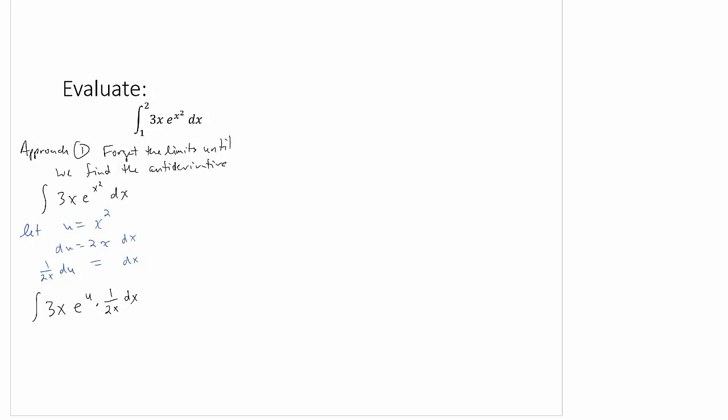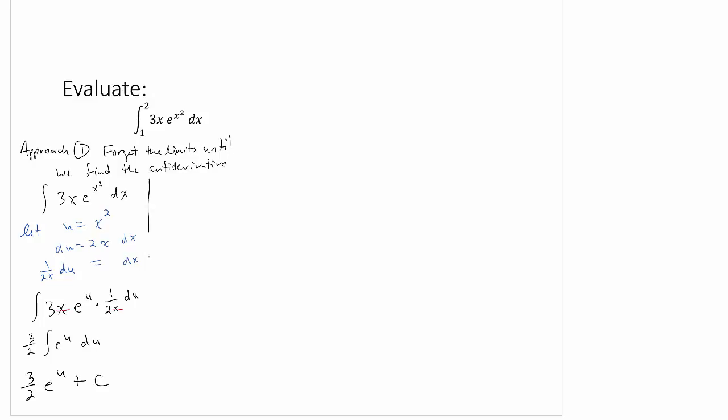The x's reduce out, and I would bring the 3/2 out in front of the integral. 3/2 e to the u du, and so then that would be 3/2 e to the u plus a constant.